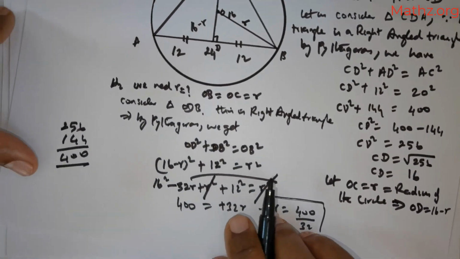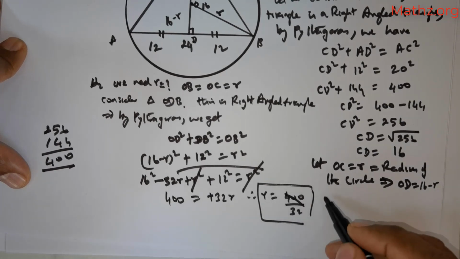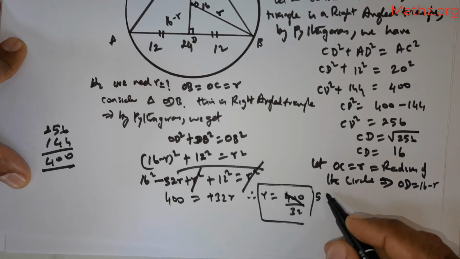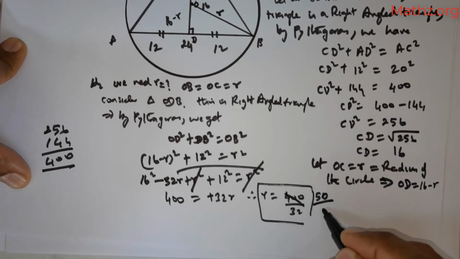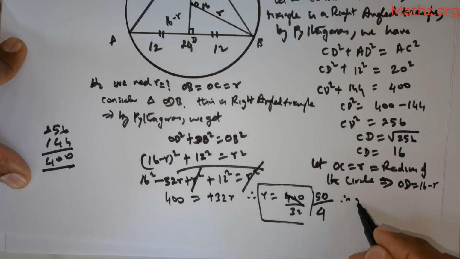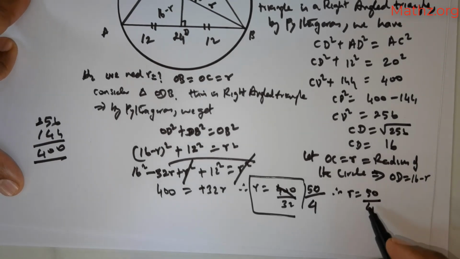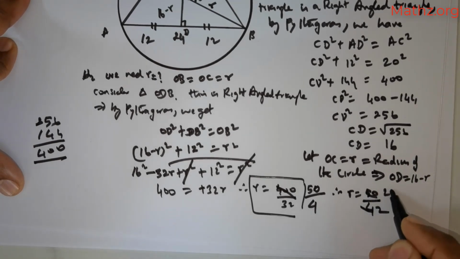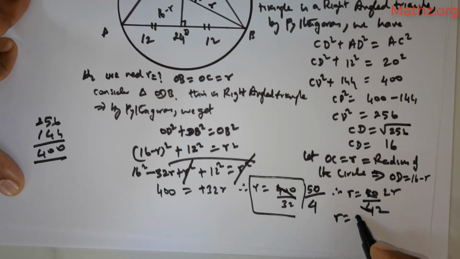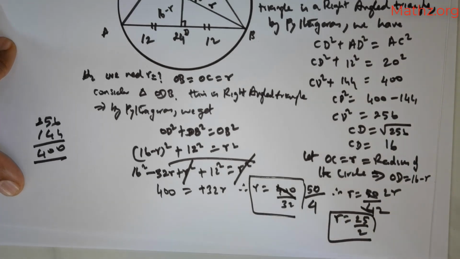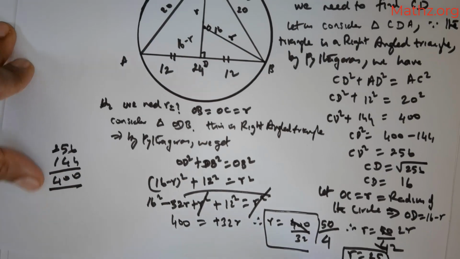Now if you want, we can reduce this, because 8 will divide here 5 times, and 8 divides here 4 times, so I can reduce this to 50 divided by 4. In fact, I can reduce this 2 more times, so R is equal to 25 divided by 2. This looks a much better value.